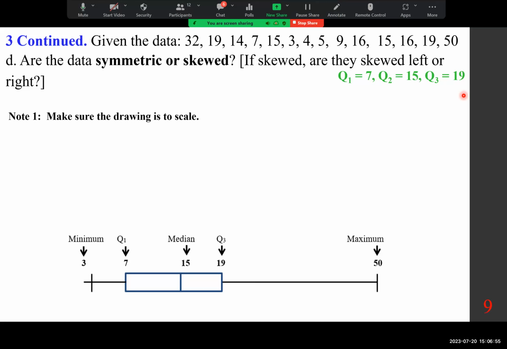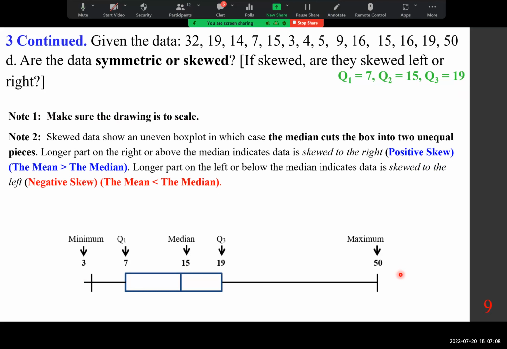Number one, make sure the drawing is to scale. If this is not to scale, we really can't tell what's going on. Make sure you have a proper scale. Number two, skewed data show an uneven box plot, in which case the median cuts the box into two unequal pieces.